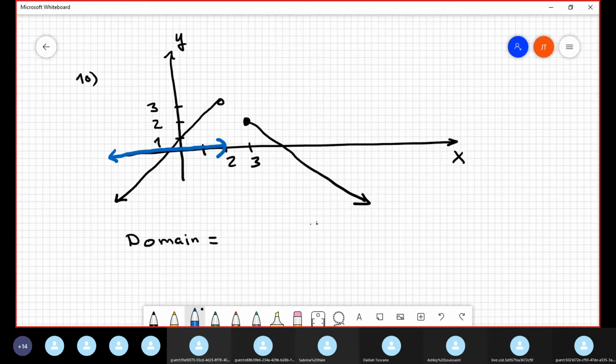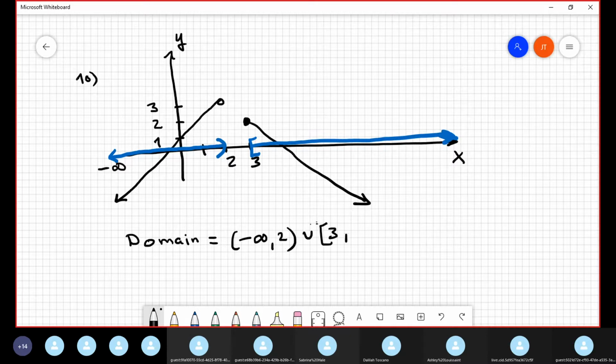But at 3, yes, because there is no hole. This is a closed endpoint. This is open. This is closed, so it's a bracket to positive infinity. Therefore my domain is from negative infinity to 2, not including 2, union, bracket 3, comma infinity.